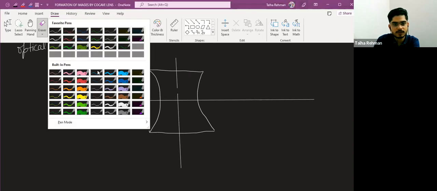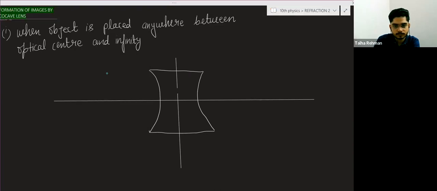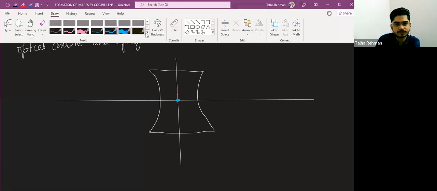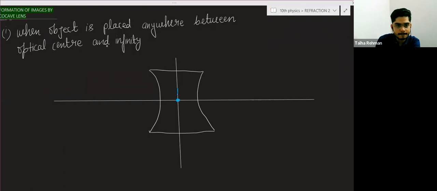Concentrate on the screen. This is your optical center, and this is your concave lens, and this is your principal axis. You have placed the object here, in between the optical center and infinity.